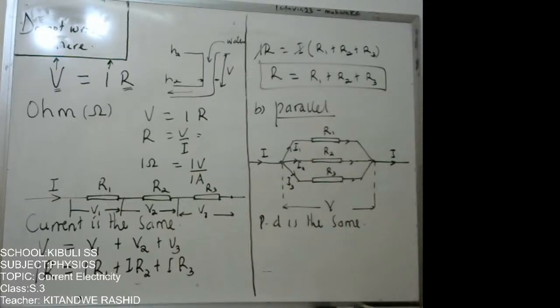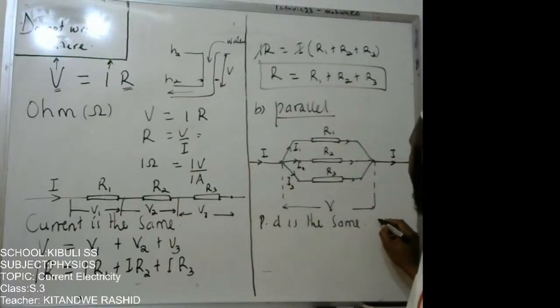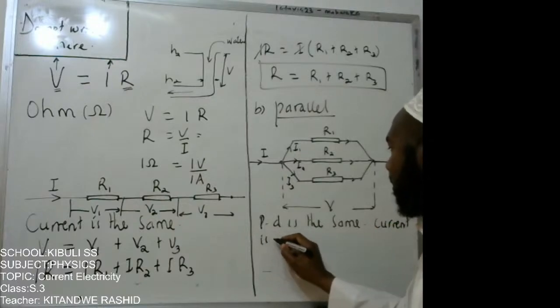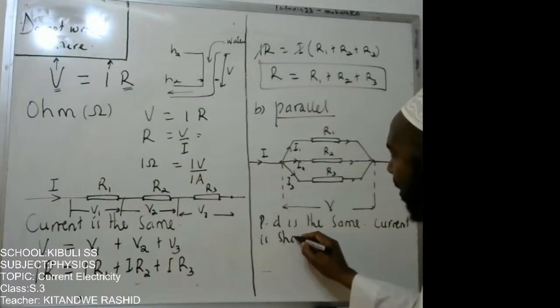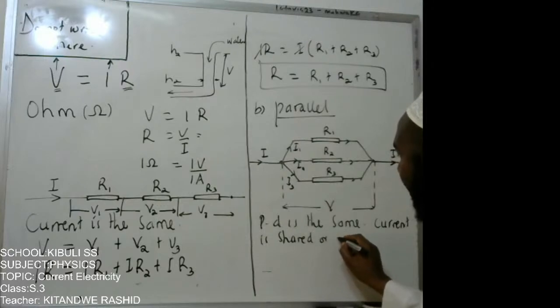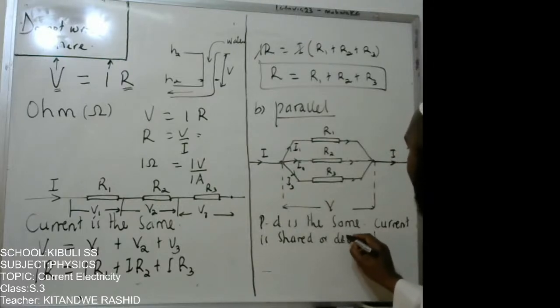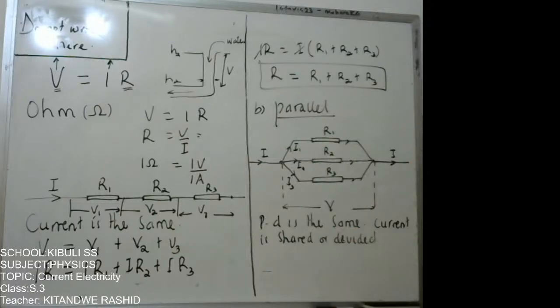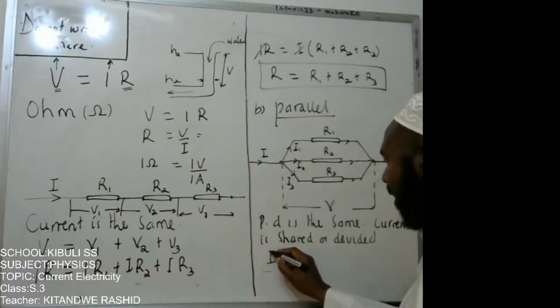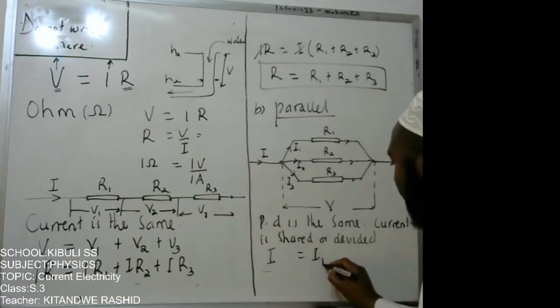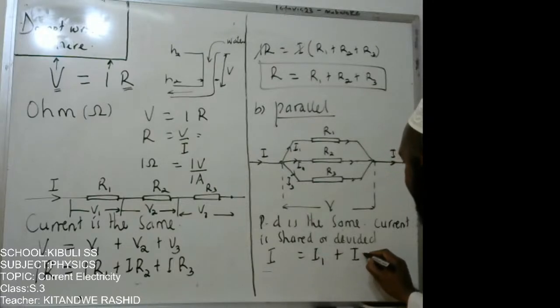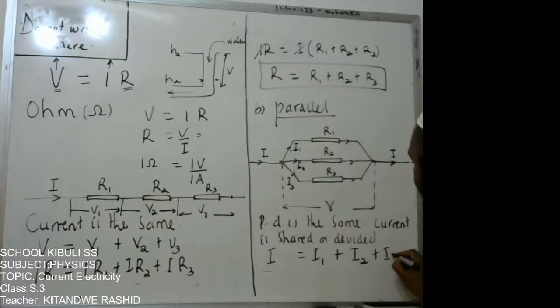Current is shared or divided. If current is divided, it implies therefore I is equal to I1 plus I2 plus I3.